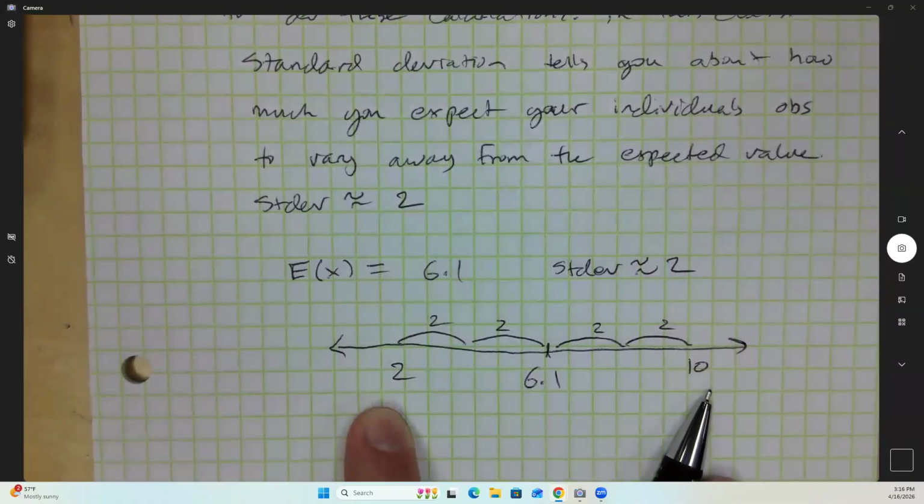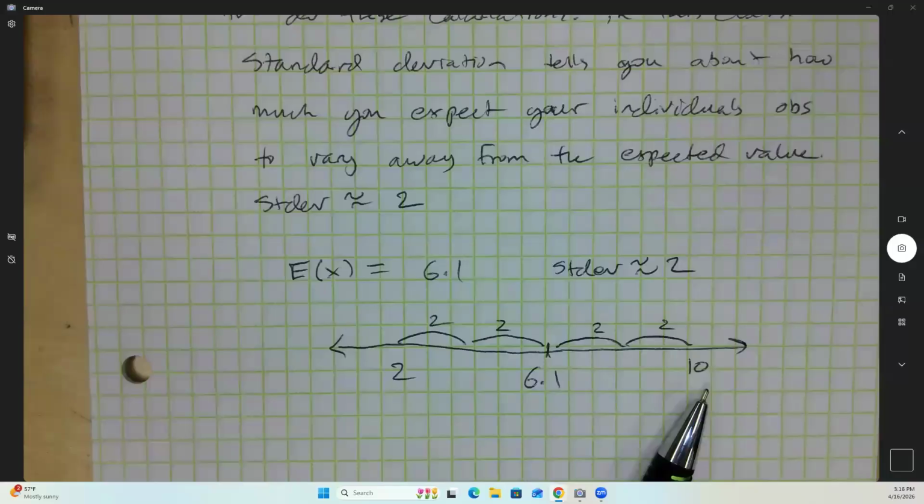And that pretty much covers the entire possibility for this probability distribution. So again, it's a good single number that describes how spread out that probability distribution usually is.